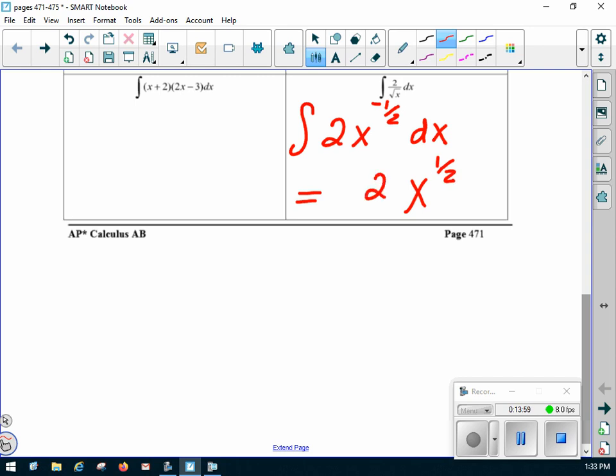What do I divide that by? By 1/2. 2 divided by a half is... is it 1 or is it 4? It's 4, because that'd be 2 times 2. Because if you take the derivative of this, a half of 4 is 2x to the negative 1/2. This will take you some practice, but you will get really, really fast at it.